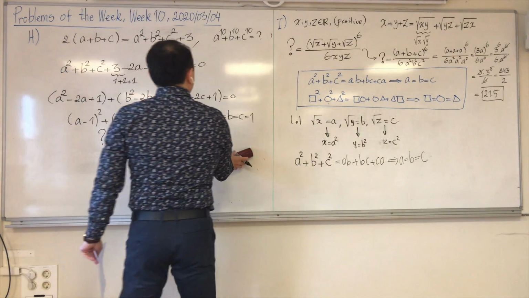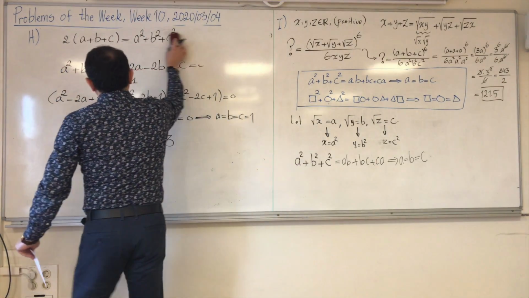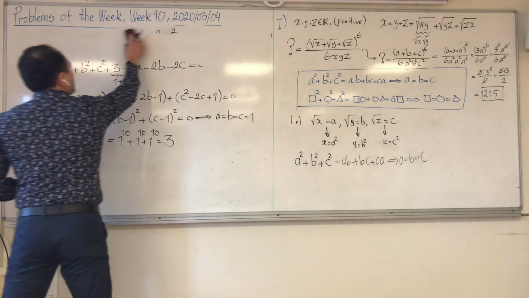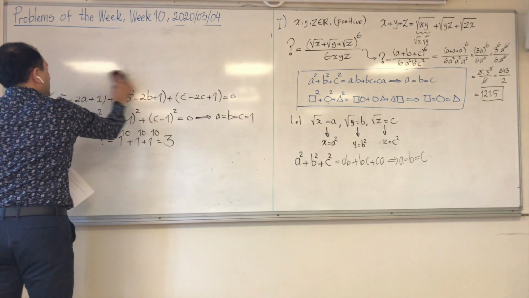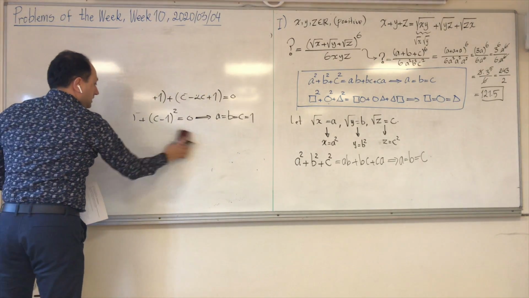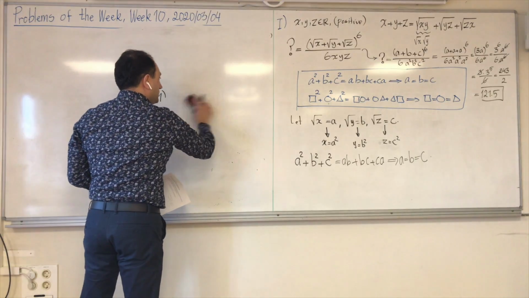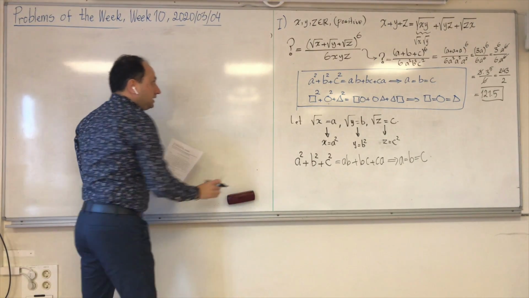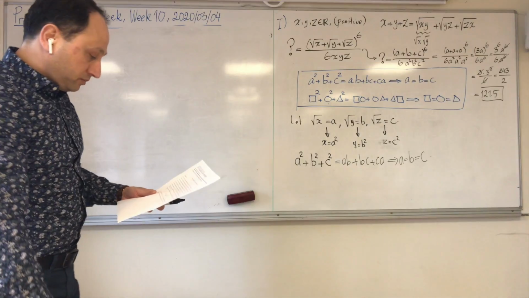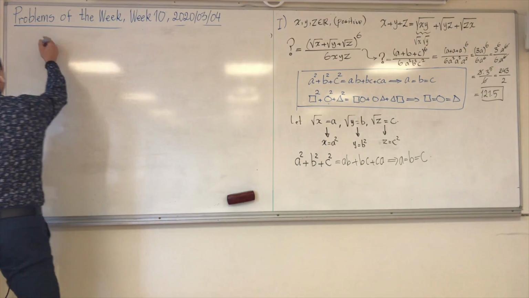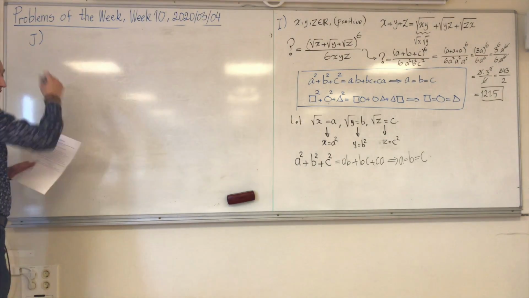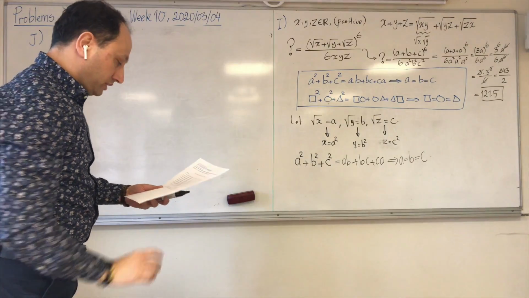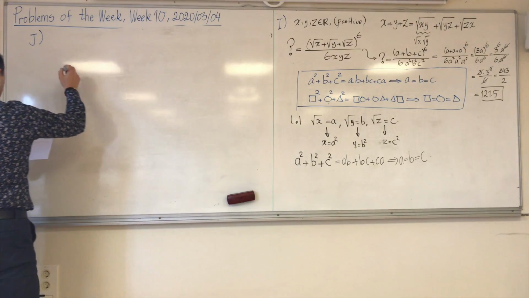For example, again, let us go to the other problem. For example, I can solve this problem in two different ways. I want you to learn what I mean. Okay, so here I go to problem number J. Let us solve this problem, for example, normally first, not using the theorem.